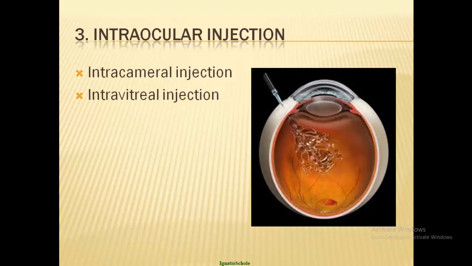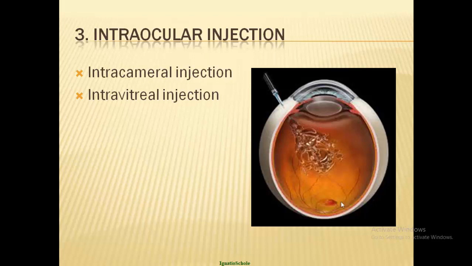The intracameral injection was given for post-surgery antibiotic prophylaxis, in which the antibiotic was inserted directly into the anterior chamber in cataract patients. However, it is believed now to be harmful, so the FDA has banned it in the USA. Intravitreal injection, however, is still in use. In intravitreal injection, the drug is given into the vitreous humor inside the globe of the eye.